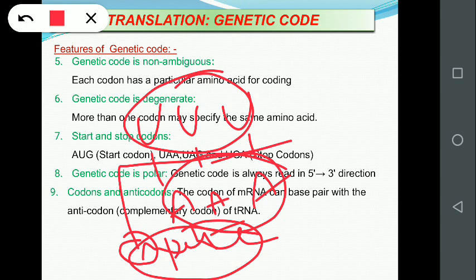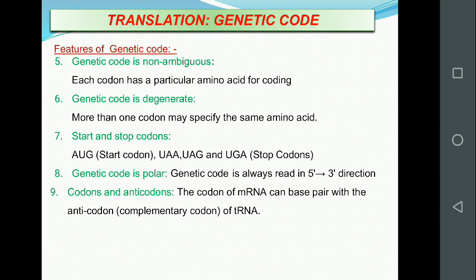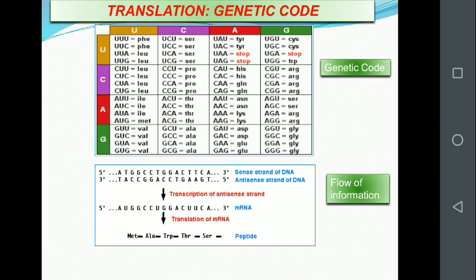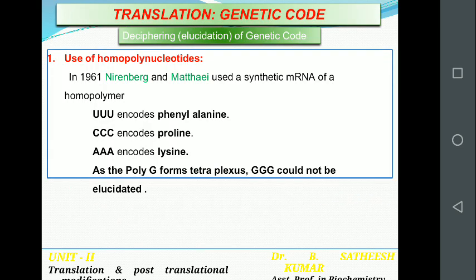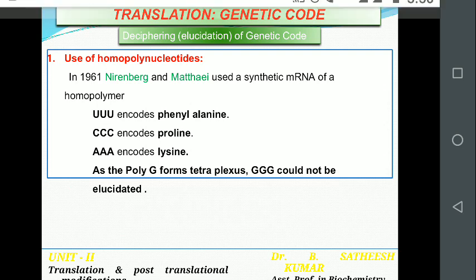So because of the tRNA only, the genetic code is established. The secret of the genetic code lies with the adapter molecule, the tRNA molecule. Okay, so that's about the features of the genetic code. In the next class we are going to study how this genetic code table was deciphered by different scientists. Thank you all.